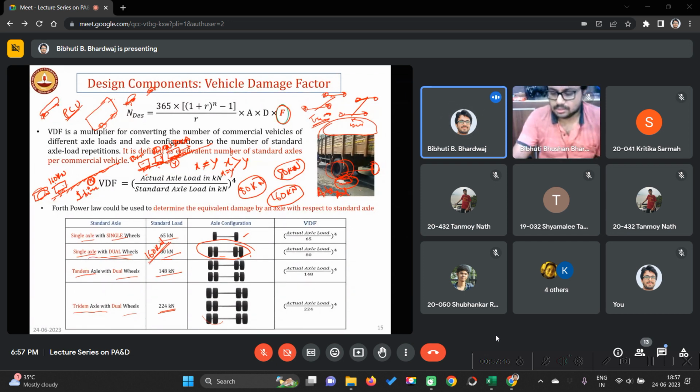That's where the concept of the damage factor is coming.